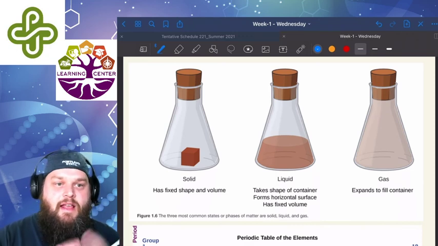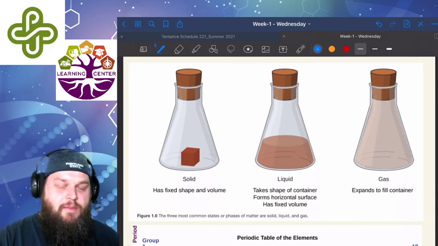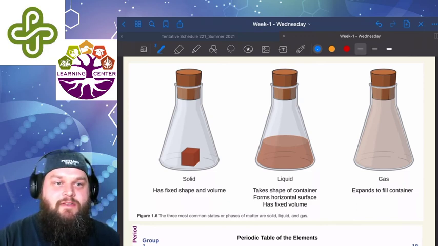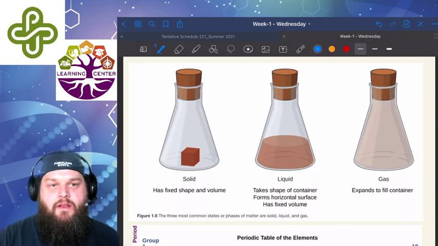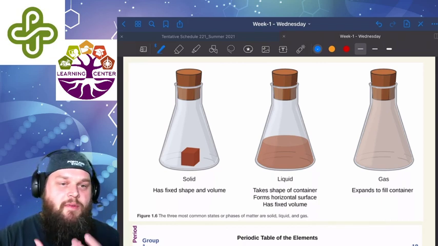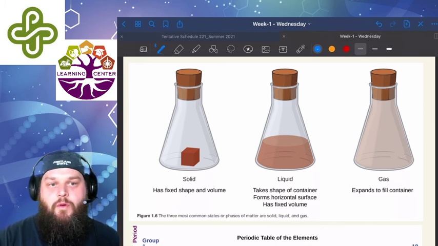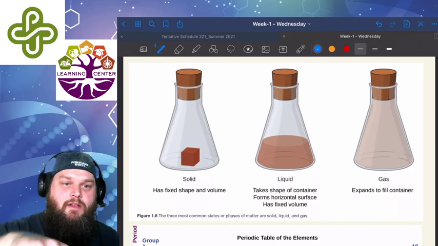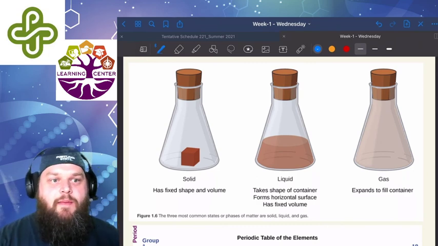The solid has a fixed shape and volume, similar to an ice cube. It doesn't really change a lot based on its environment until it heats up and starts to melt, and then it turns into a liquid. The liquid has a finite volume, so it doesn't change in volume, but it will change shape to fit the container that it's holding. We see this if we pour water in a glass and then pour it onto the table. It spreads out amongst the table.